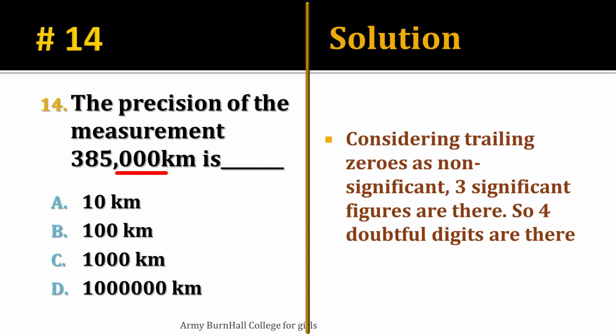So our least count, our precision must contain 4 digits. If we are going to consider 4 doubtful digits, precision must contain 4 digits. So option C will be correct, 1000 kilometers. 385,000 kilometers, 3 significant figures are there, 2 accurately known, 1 doubtful, so 4 doubtful digits in total. So our precision must contain 4 digits.